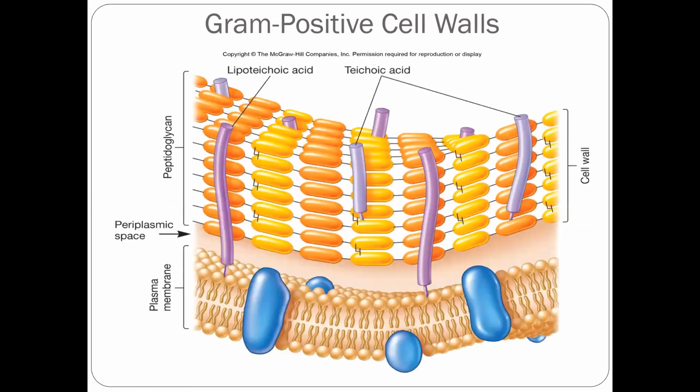Okay, this is a gram-positive cell wall. You can see you have a plasma membrane system. You have a periplasmic space. This contains exotoxin and exoenzyme, used to hydrolyze the nutrients so they can go into the cell membrane, into the inside of the bacterial cell.